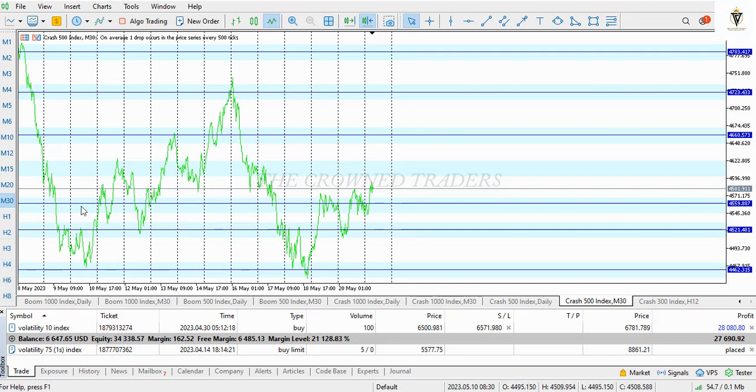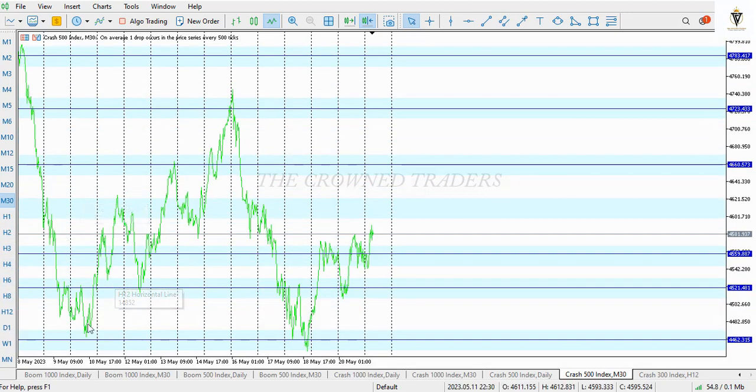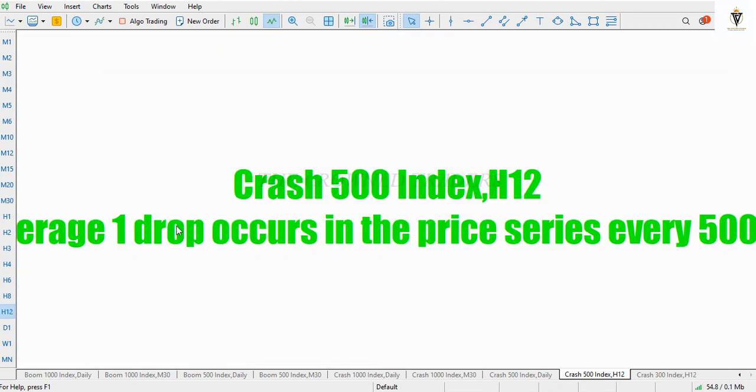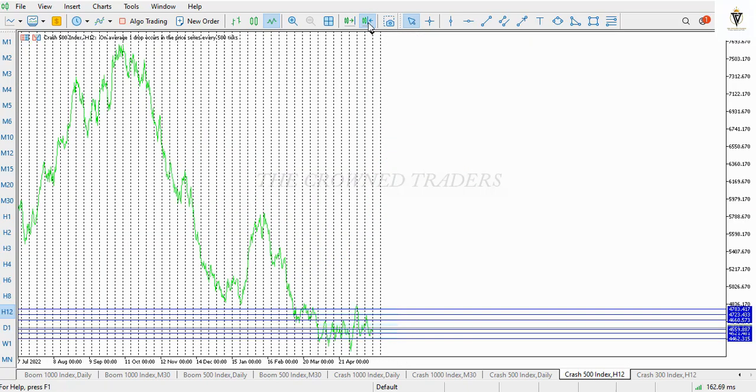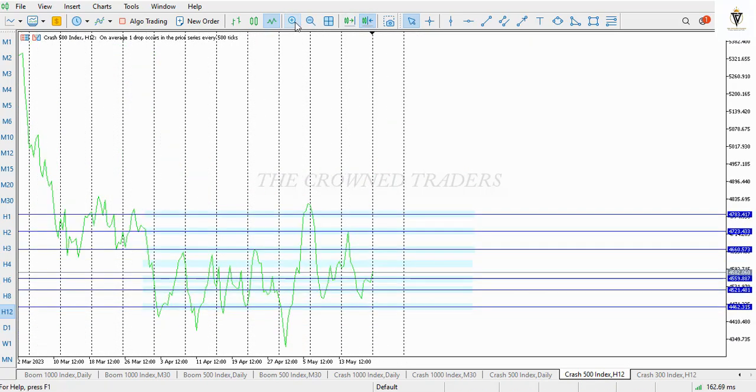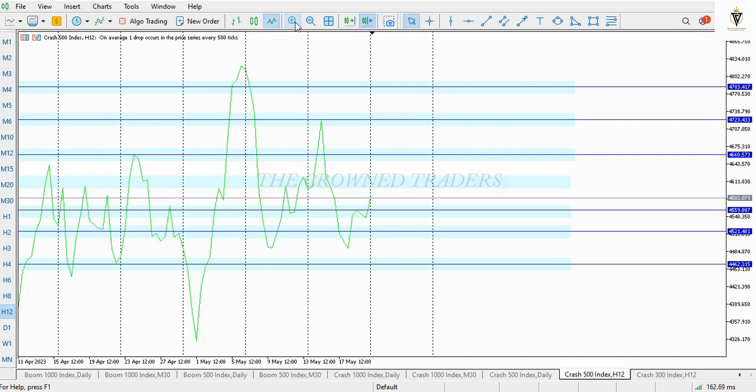Let's start with something clearer. I think I used, was it H12 I used? Let's see if this data loads faster. It's Scratch 500.